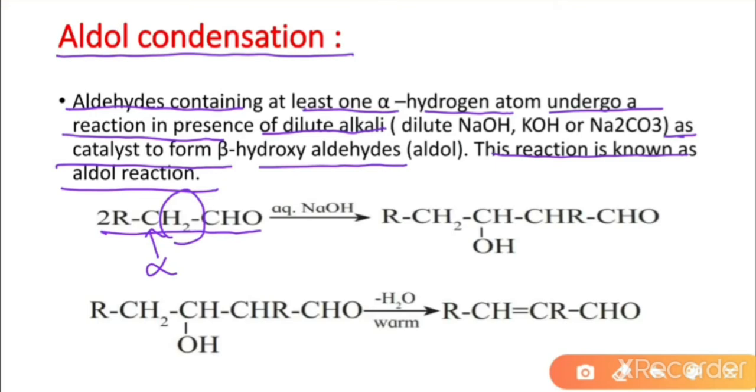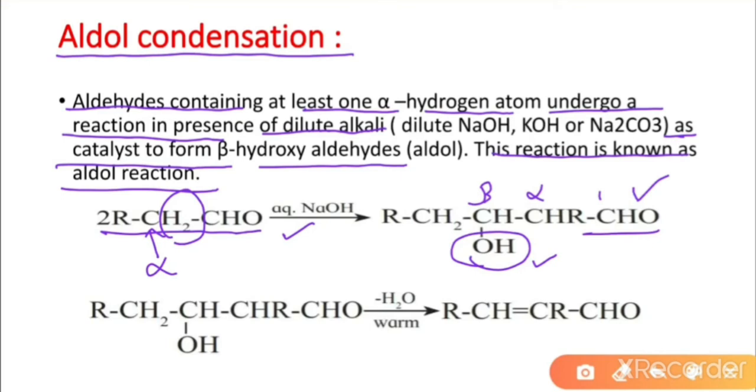When 2 molecules of this type of aldehyde are heated with aqueous dilute alkali, they give beta hydroxyaldehyde. This beta hydroxyaldehyde is called aldol, the compound which contains aldehyde and alcohol functional groups.